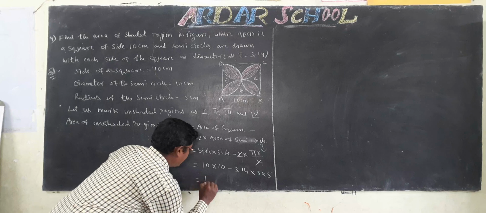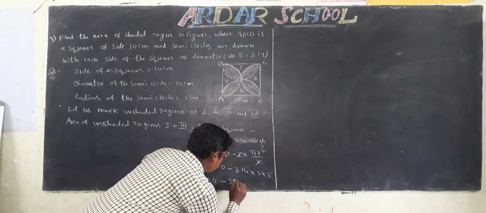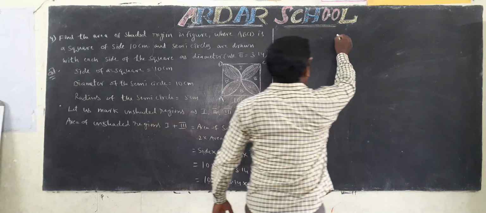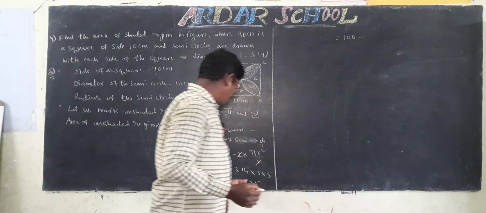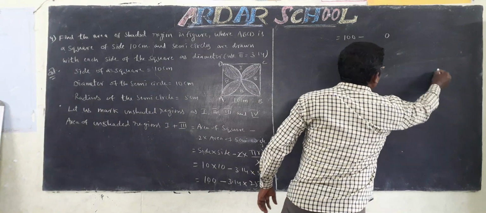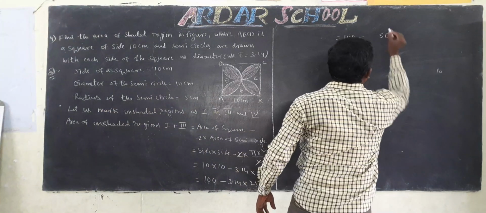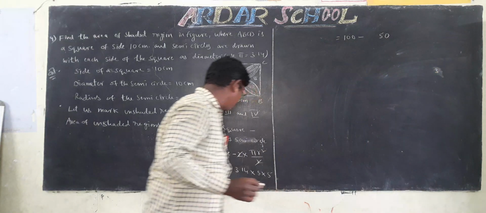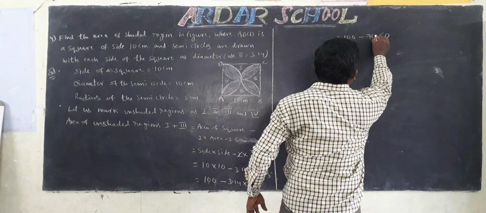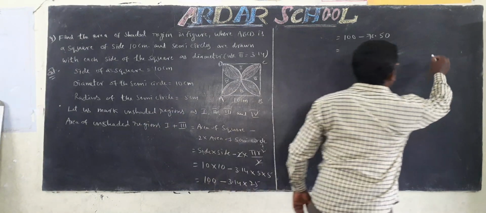So 10 into 10 is 100 minus 3.14 into 25, that is 100 minus 25 into 3.14. 25 fours are 100, 0, 10 carrying. 25 ones are 25 plus 10, 35, 5, 3 carrying. 25 threes are 75 plus 3, 78. So 78.50. Now we have to subtract from 100.